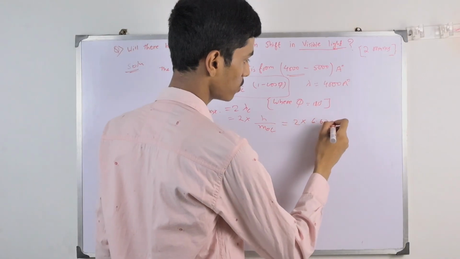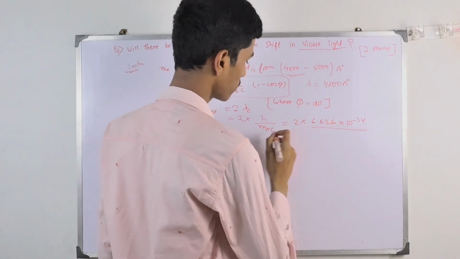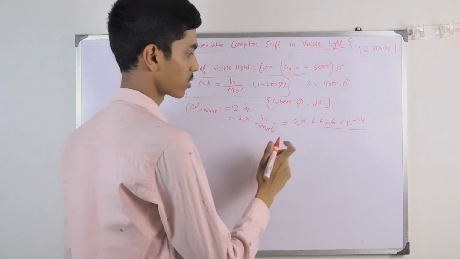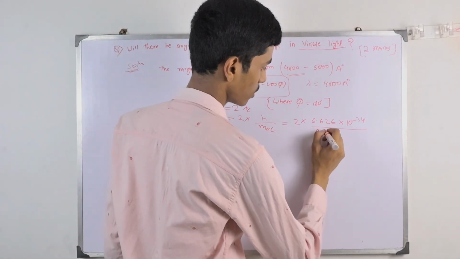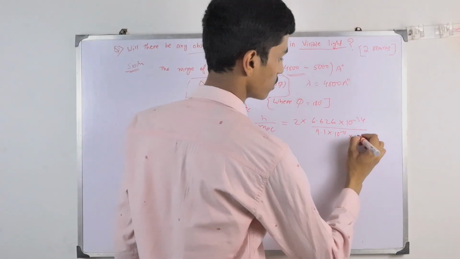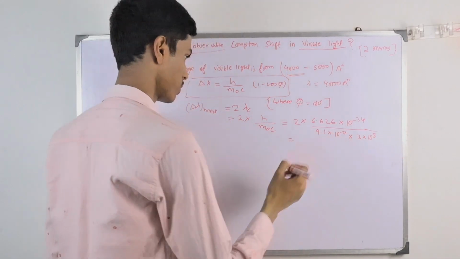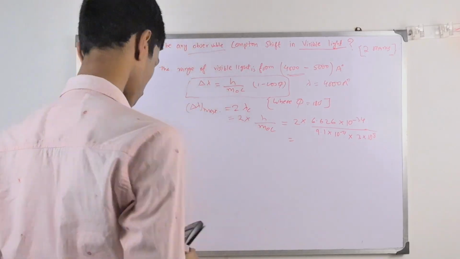So just putting the value of h, m naught and c. What was m naught? m naught was the mass of electron. We already know these things. And c is 3 into 10 to the power 8. So we can get this by our calculator.